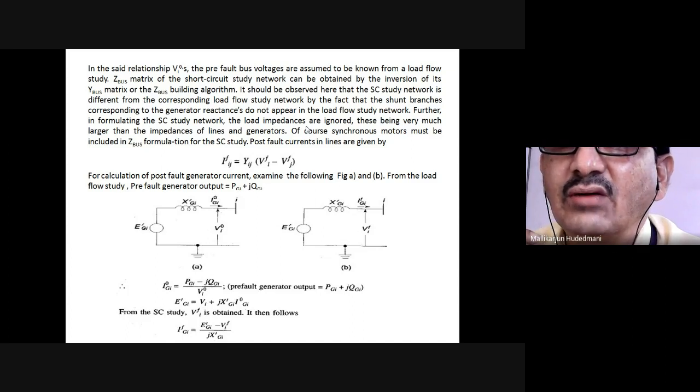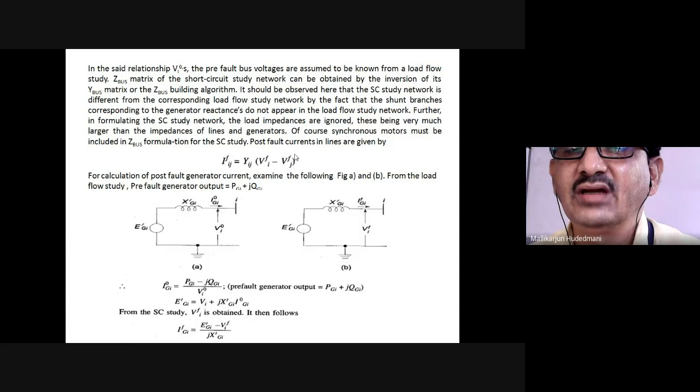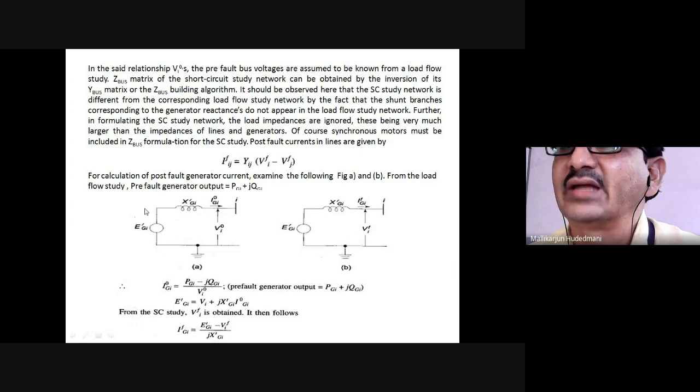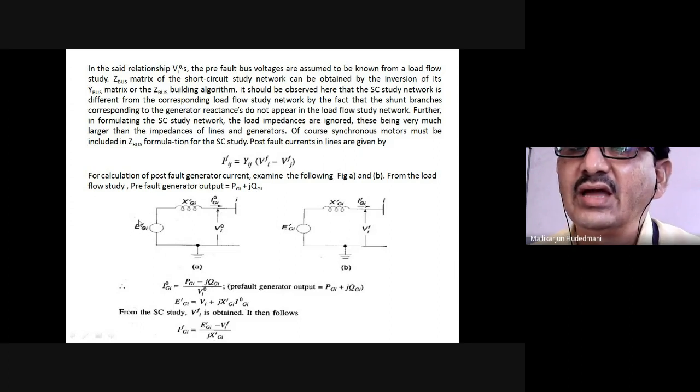Likewise, we need to calculate the post-fault generator current and load flow, or the pre-fault generator output P equal to PGi plus jQGi. Now, a simple representation is being done. A synchronous machine is represented as a transient reactance and a source behind it. Then E'Gi, with a single dash, and X'Gi, and it is ready to inject IGi as an initial condition.